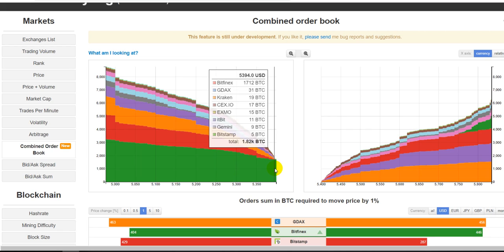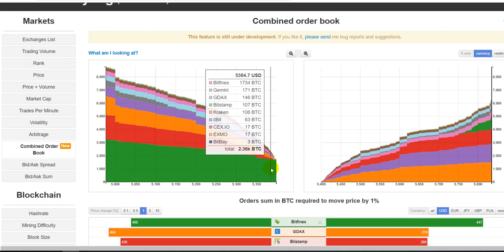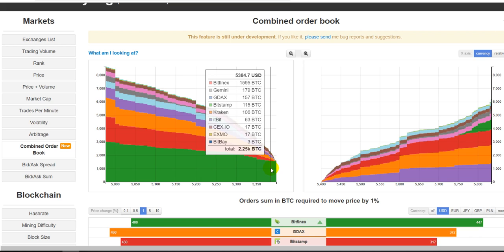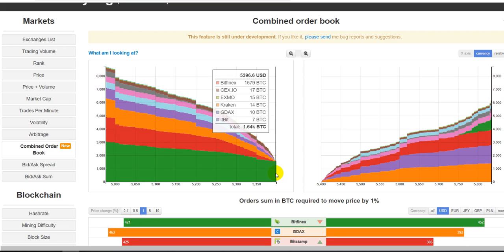Is that really correct? Bitfinex has so many people waiting for cheap Bitcoin. Oh, okay, that's a problem, because the price on Bitfinex is actually much higher. Because of that, there are a lot of people waiting to buy Bitcoin for 5,400.